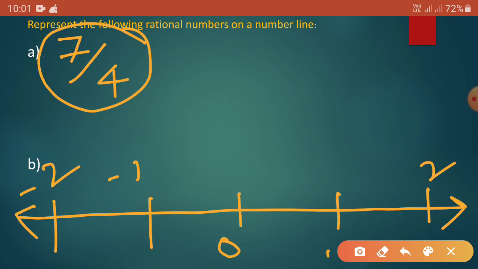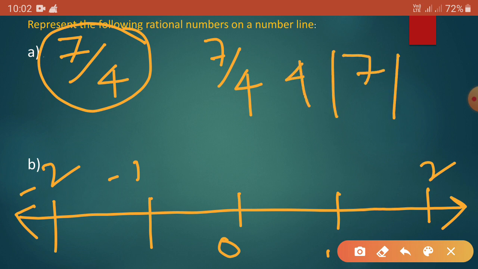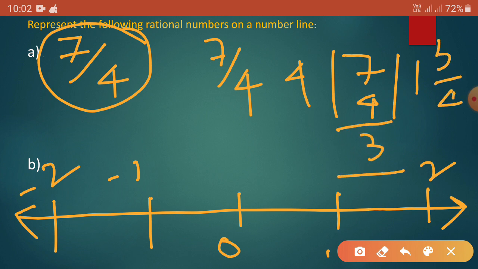We convert 7 by 4 into a mixed fraction, a mixture of a whole number and a proper fraction. So how to do it? We have to divide 7 by 4. That gives 4 ones are 4, remainder 3, that is 1 and 3 by 4.